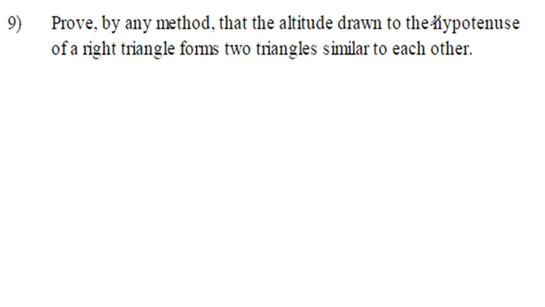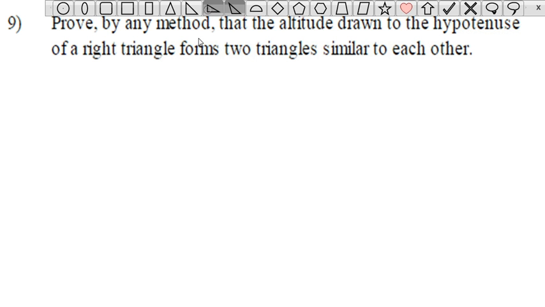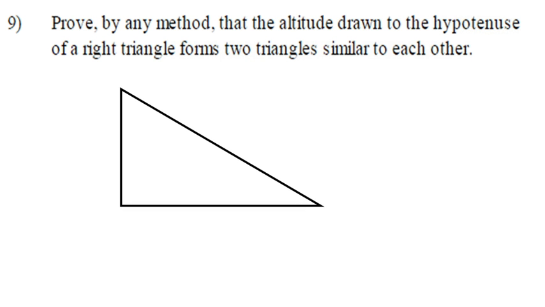Altitude drawn to the hypotenuse of a right triangle forms two triangles similar to each other. Now, similar to each other, then in this case, I'm going to draw a right triangle here.